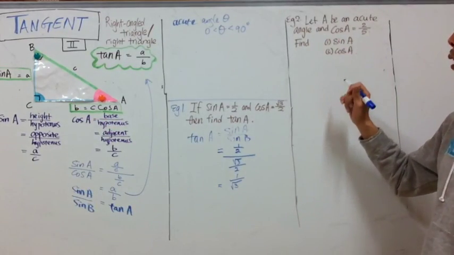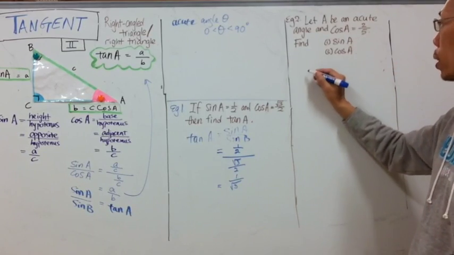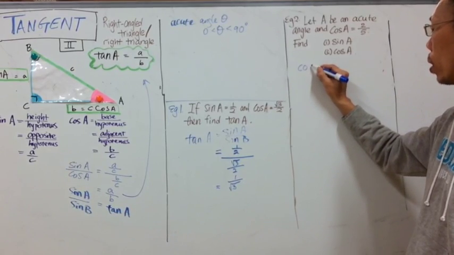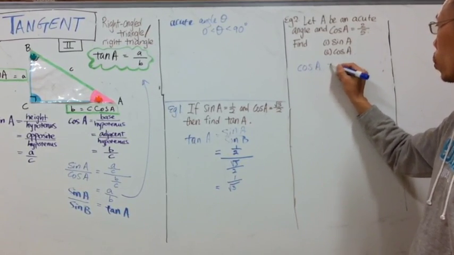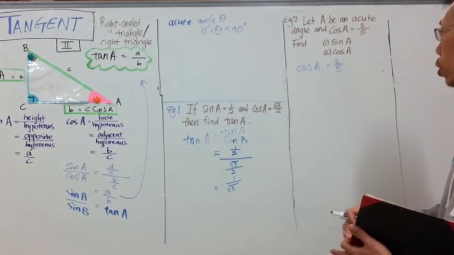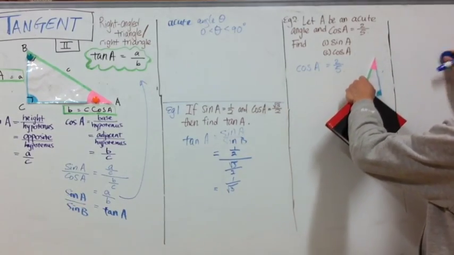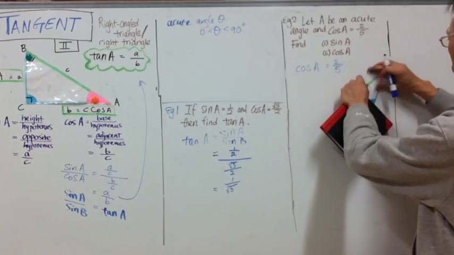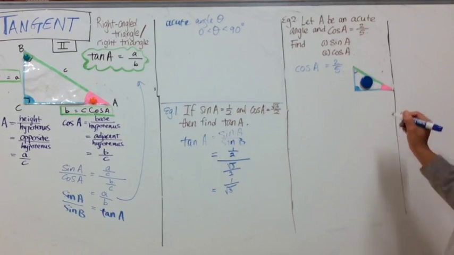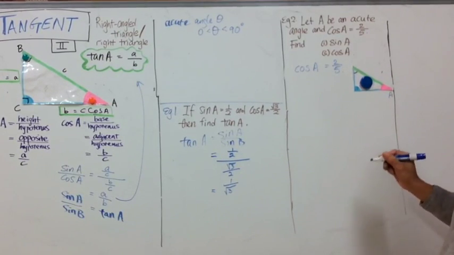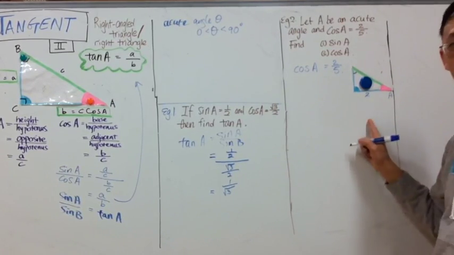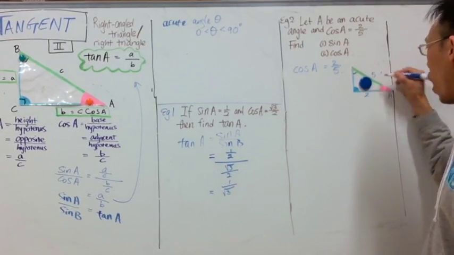In order to do this, suppose cosine A is equal to 2/5. One way to do this is to draw a diagram. Let this be my right angle triangle, and this is my angle A. Cosine A, 2 over 5, means the adjacent is 2 and the hypotenuse is 5.